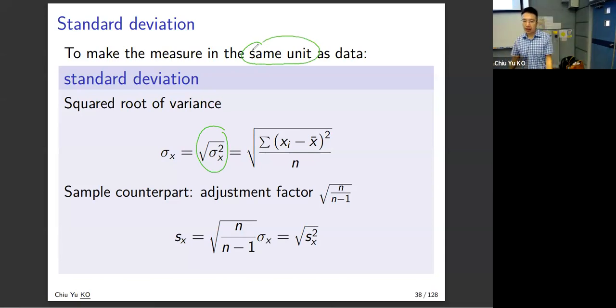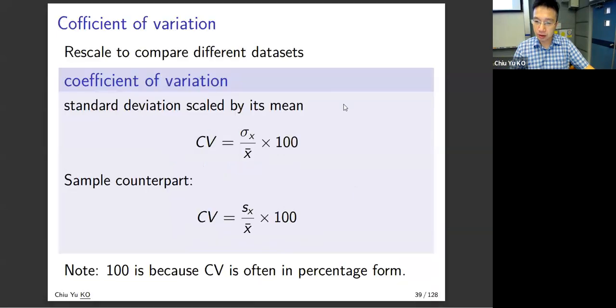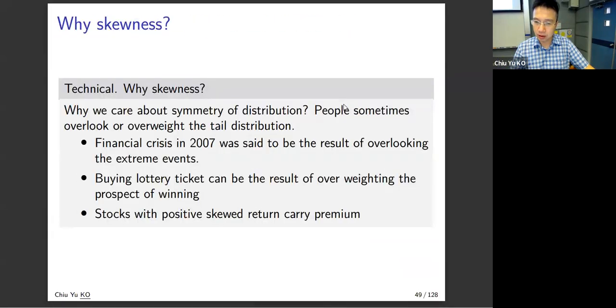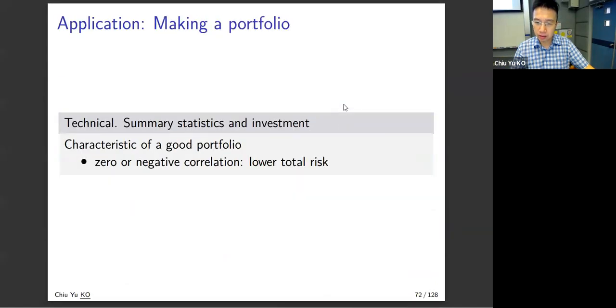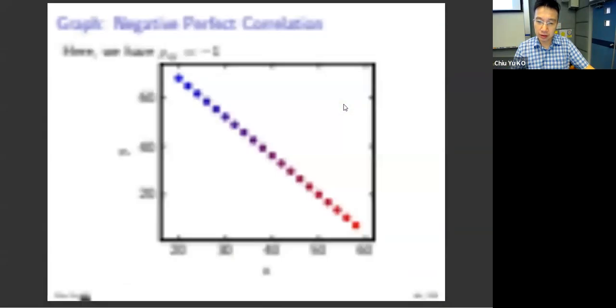Later you will see that this standard deviation, which we often call SD, is a very important concept in statistics.